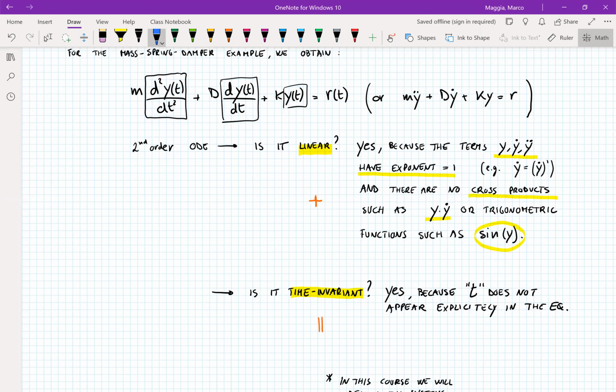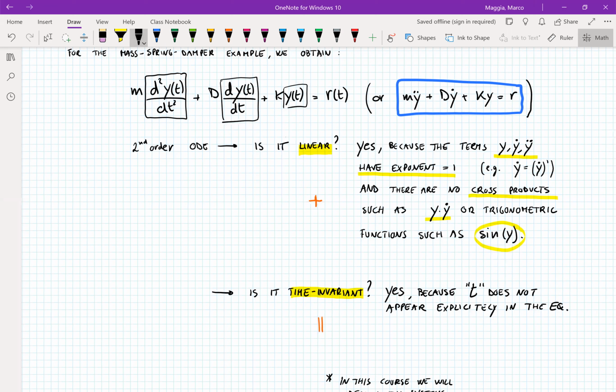So in other words, time does not appear explicitly in the equation. Let's take a look at the equation in the compact form. There's no time that appears explicitly. So in this case, the equation is time invariant. If we had time appearing explicitly, then the equation would be named time varying.